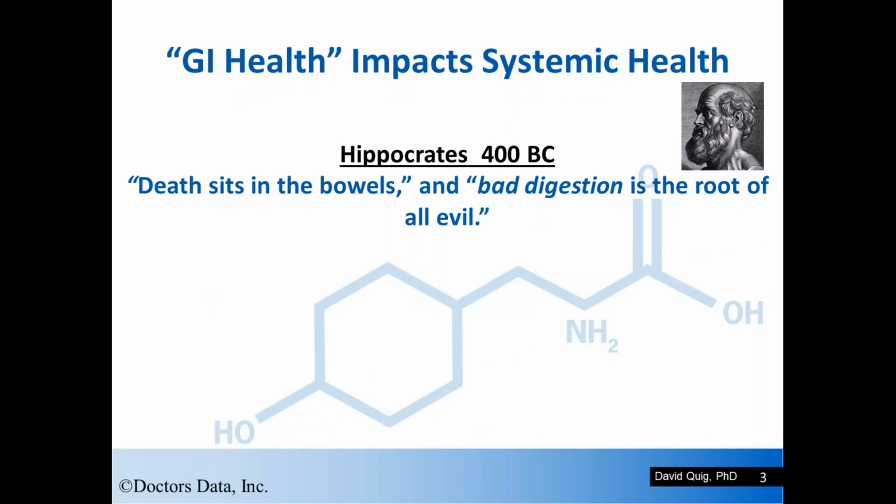The importance of gastrointestinal health on systemic health has been recognized for a very, very long time. A very wise man named Hippocrates back in 400 BC stated that death sits in the bowels, and bad digestion is the root of all evil.